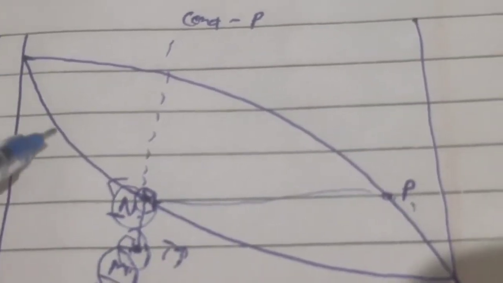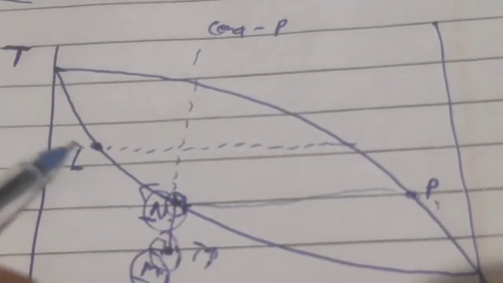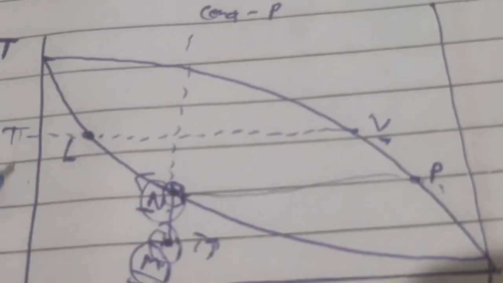So here suppose I assume a point where this is our liquid, and from this line, at a particular temperature, we will get our vapor. And this L and V are the amount of liquid and the amount of vapor.